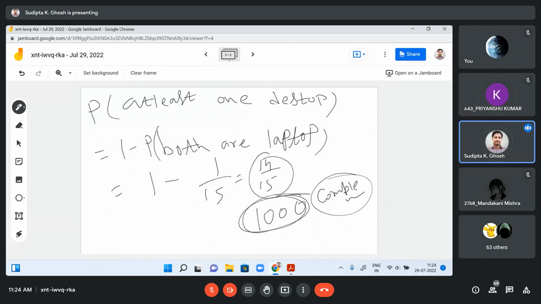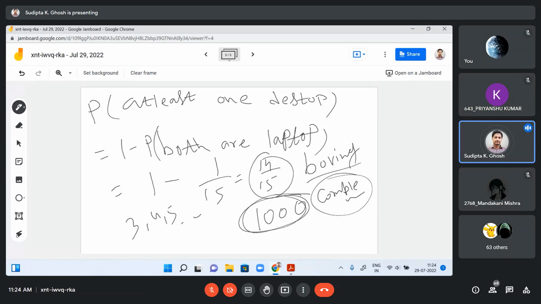This technique is useful whenever you study chapter 3, chapter 4, chapter 5 onwards. In those cases, we are interested in finding a probability, but finding it directly is a much boring job.